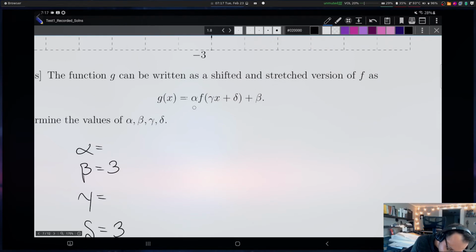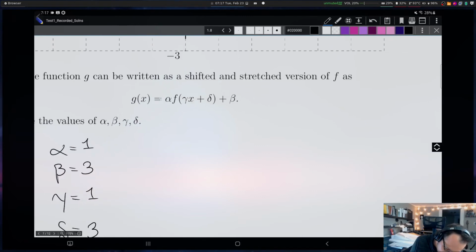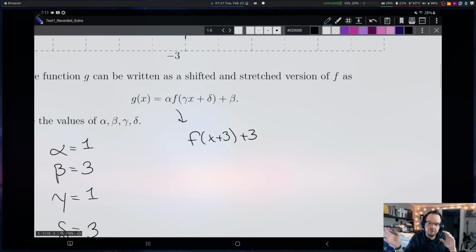Now I just need to be careful about what alpha and gamma are. These just need to be 1, because after you plug all this in, you get f of x plus 3, plus 3. And that's exactly doing a horizontal shift to the left by 3 and a vertical shift up by 3. It's tempting to think maybe alpha is 0 and maybe gamma is 0.